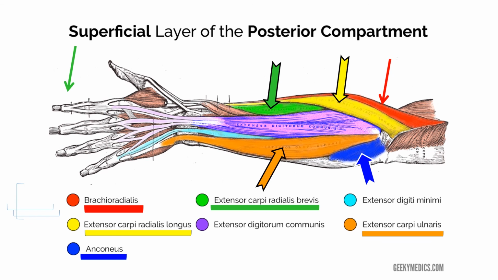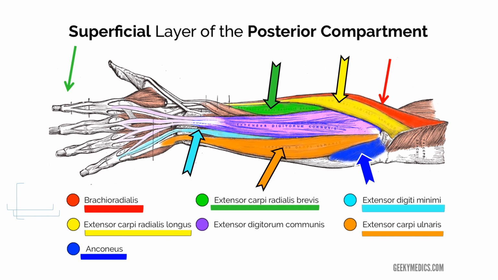Next is this green colored muscle that is lateral to the extensor carpi ulnaris and medial to the pink muscle that has four heads, which we are going to mention immediately after this. This muscle is called extensor digiti minimi.